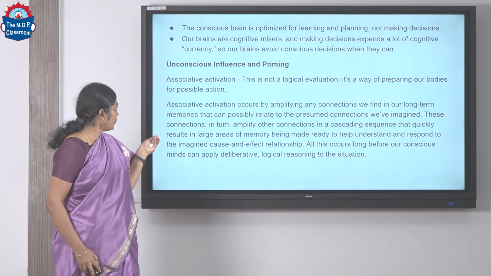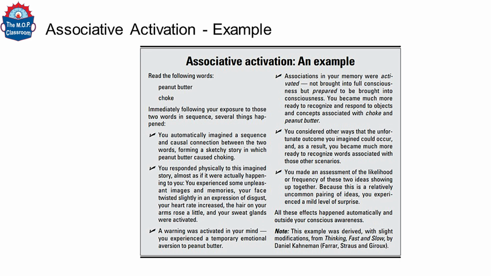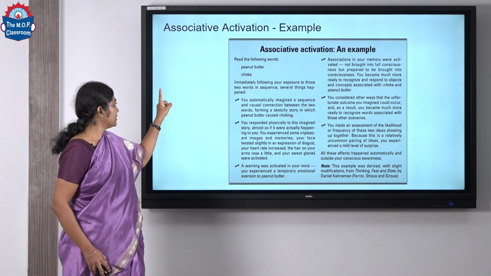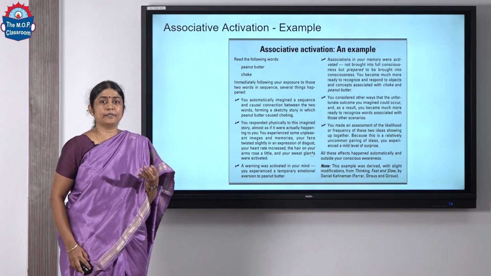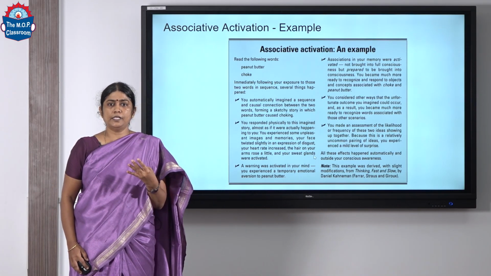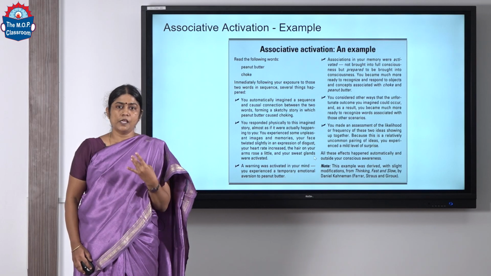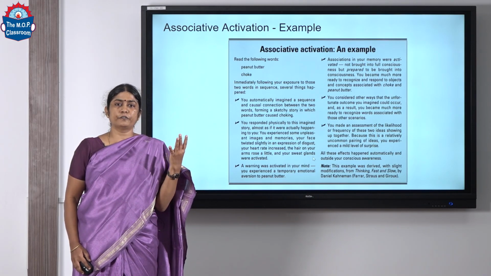And this is given as an example over here, which is associative activation. An example for that is, just read the following words: peanut butter and choke. The minute I told you these 2 words, you get varied thoughts in your brain.